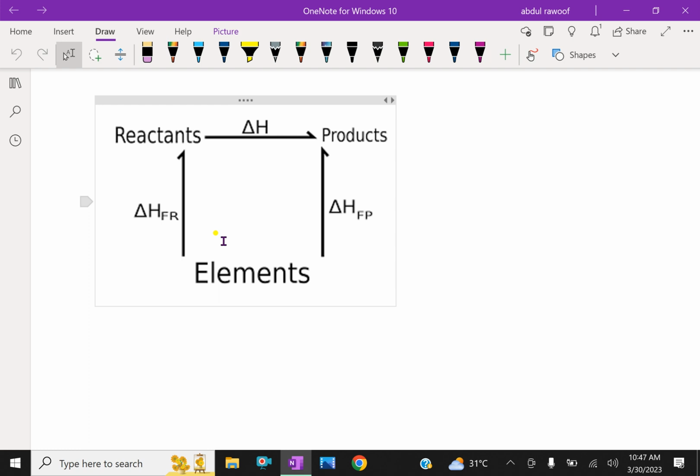Using Hess's law and algebra, chemical equations can be manipulated using rules of algebra to get a desired equation. When equations are added or subtracted, enthalpy changes must be added or subtracted. And when equations are multiplied by a constant, the enthalpy changes must also be multiplied by that constant. This is the basics of algebra. It is useful in Hess's law to find the equations.